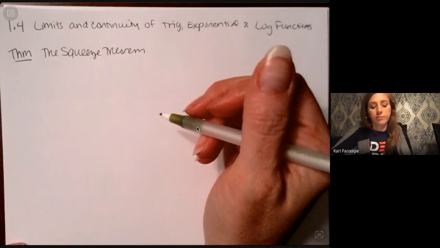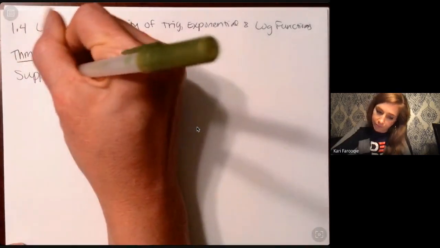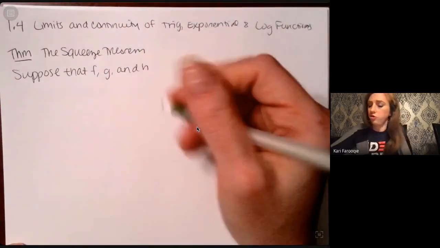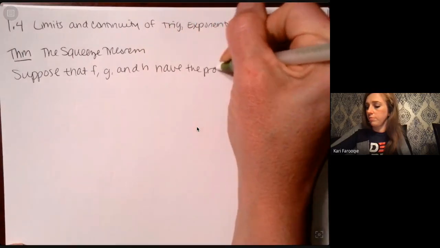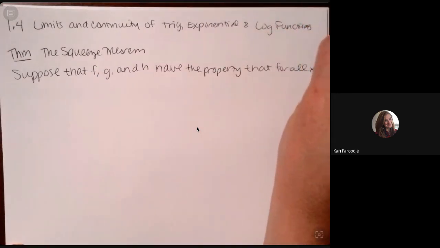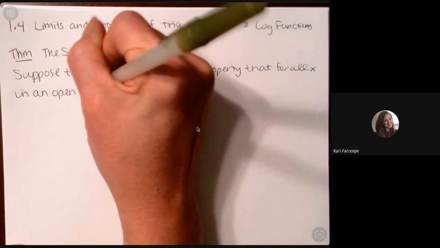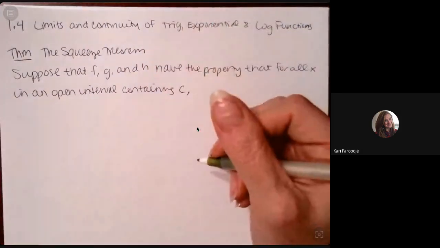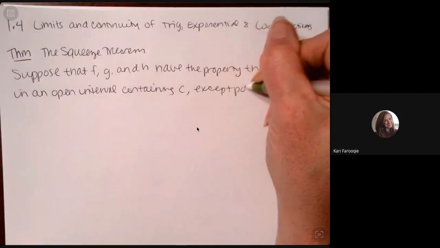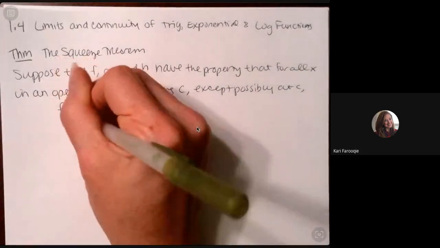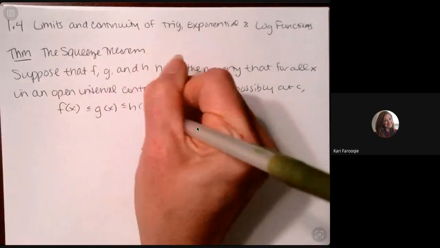Suppose f, g, and h have the property that for all x in an open interval containing c, except possibly at c, we have f of x less than or equal to g of x, which is less than or equal to h of x.